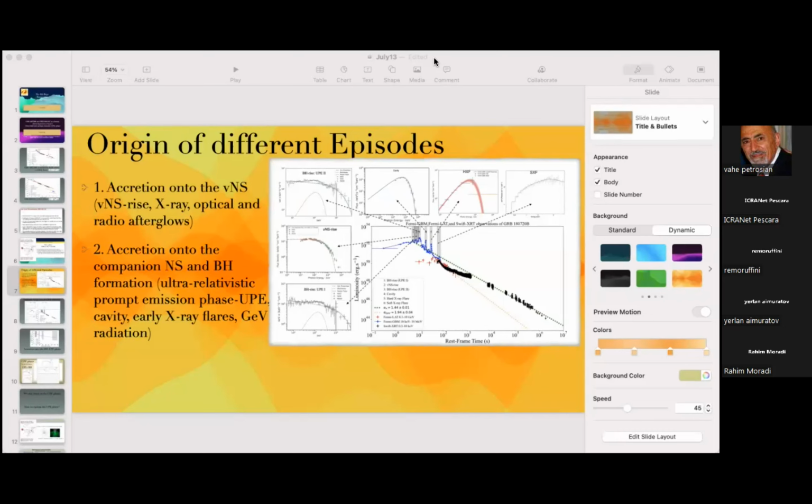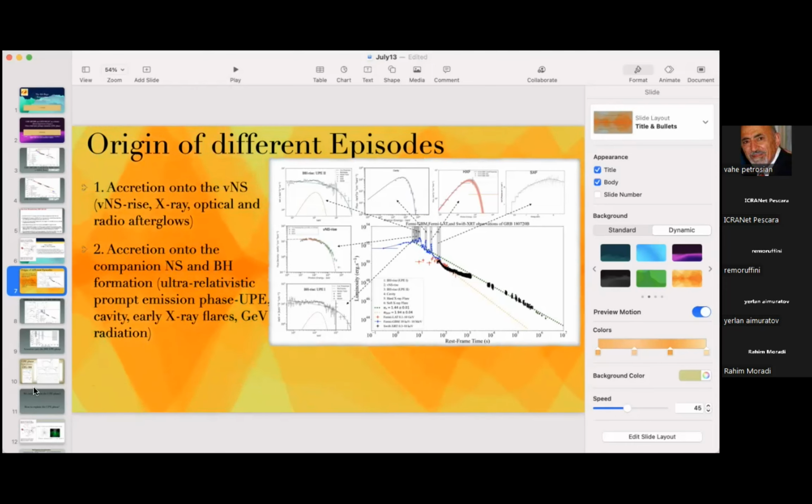The UPE phase, which is a vacuum polarization process, quantum electrodynamics over critical field, acts on a time scale of 10⁻⁹ seconds. The black hole shoots and stops.